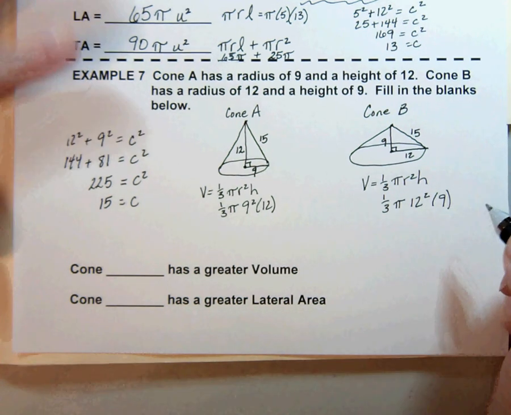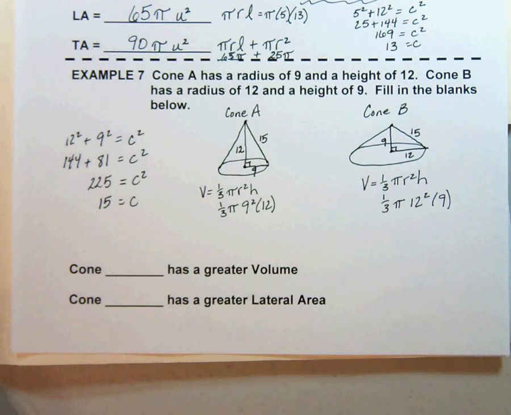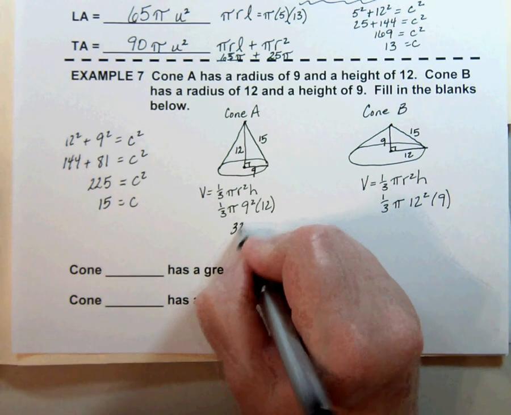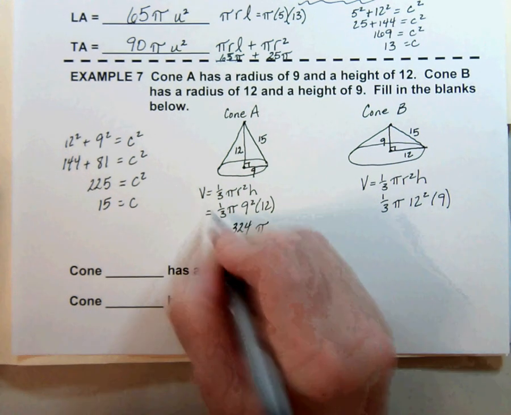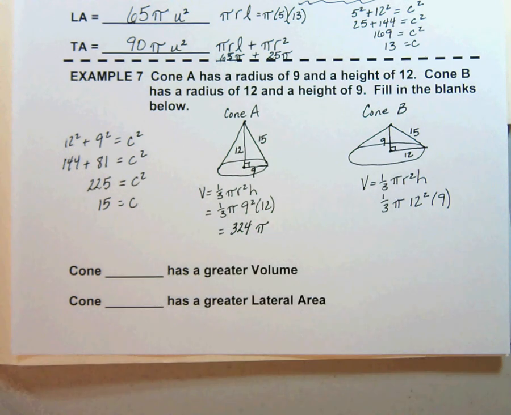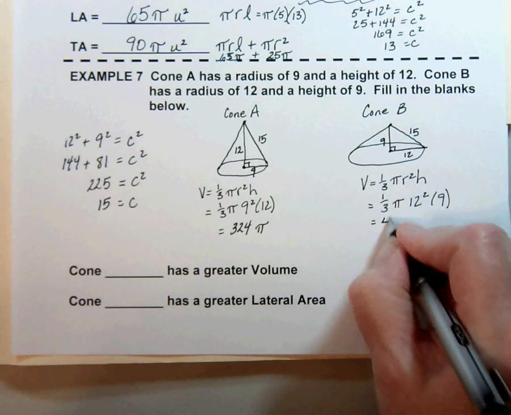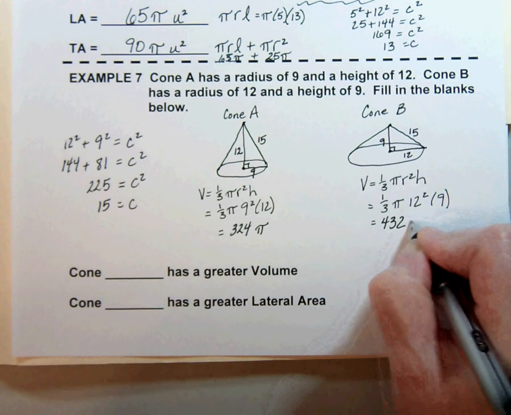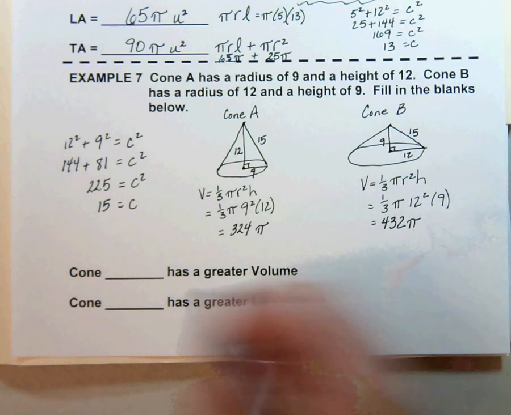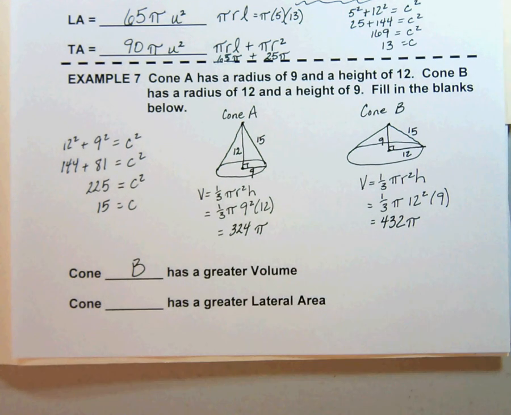You can already tell, but let's go ahead and figure out both of those. 1/3 times 9 squared times 12 is 324 pi for cone A, and 1/3 times 12 squared times 9 is 432 pi. Hopefully you noticed by squaring the 12 that was going to make that a bigger answer. So cone B has a bigger volume.